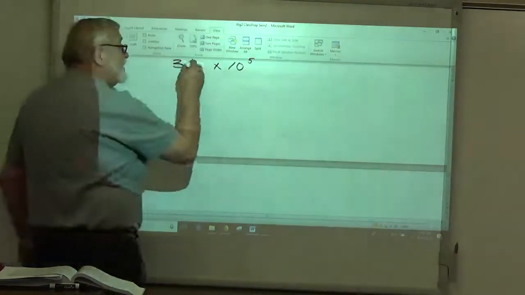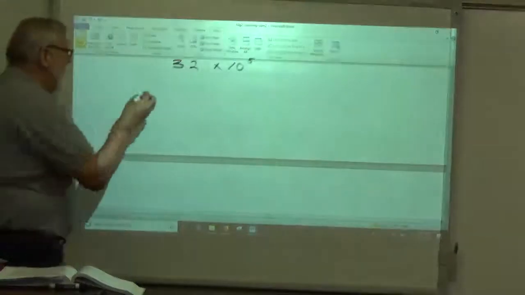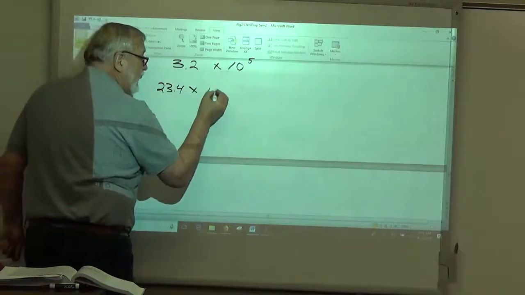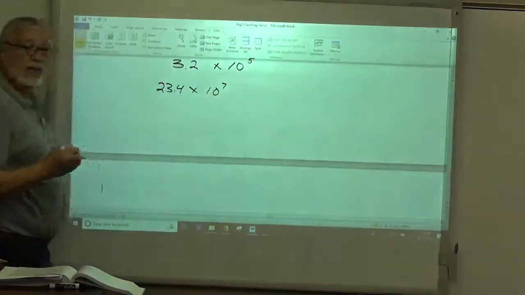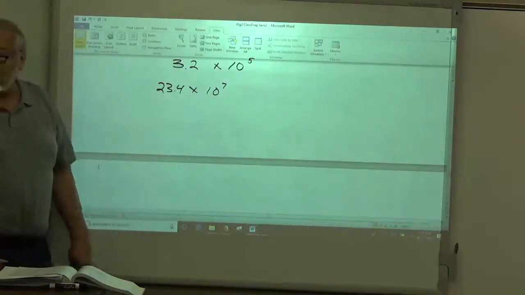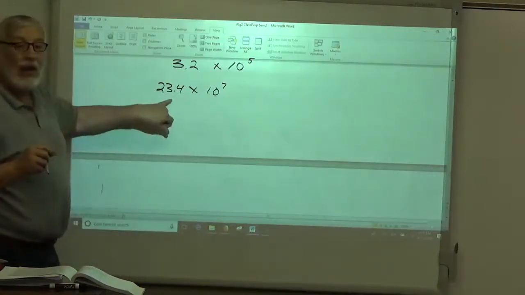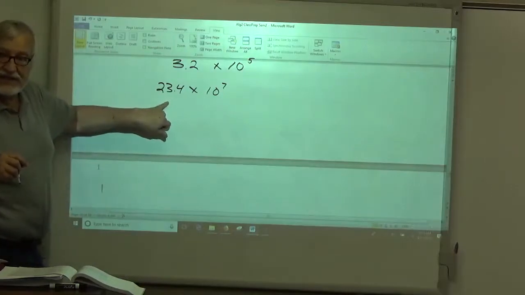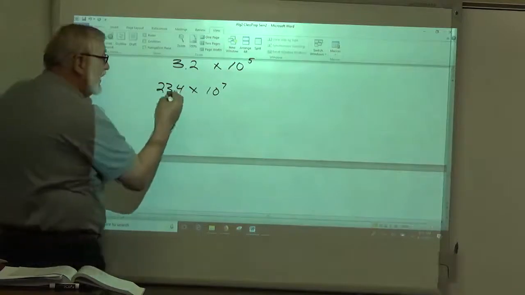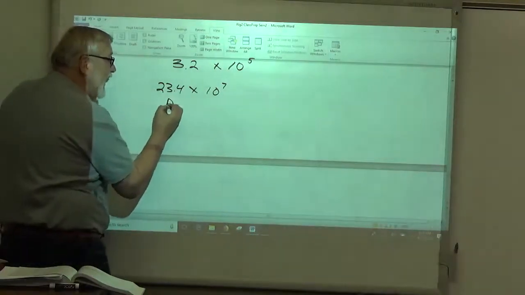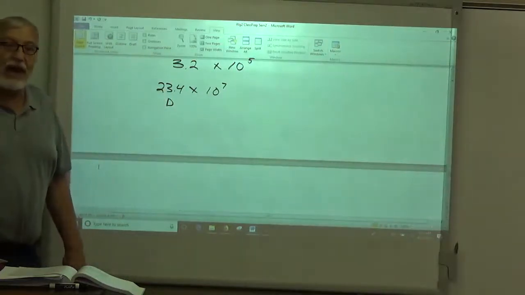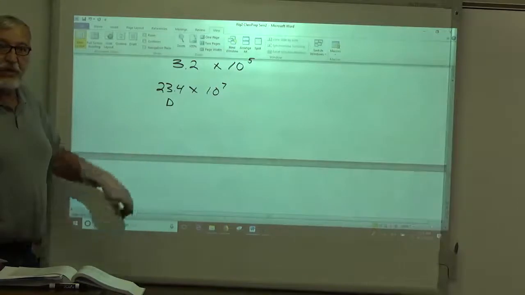Now, suppose that you did some multiplication, and you came out with this: 23.4 times 10 to the 7th. Is this correct scientific notation? The answer is no. What has to happen to this decimal point to get it in the correct place? It's going to move to the left to make the mantissa go down 1.